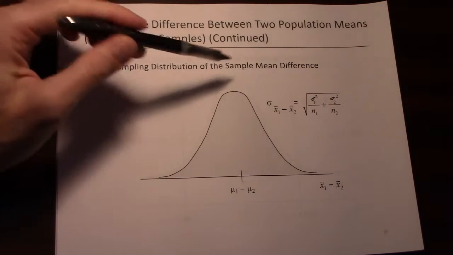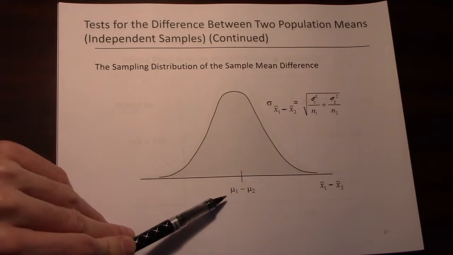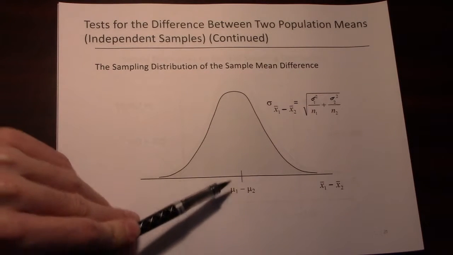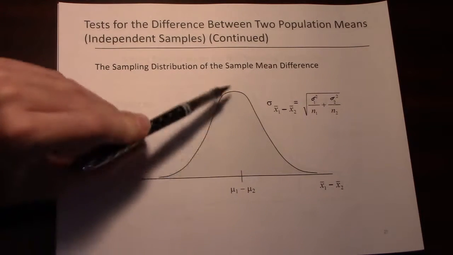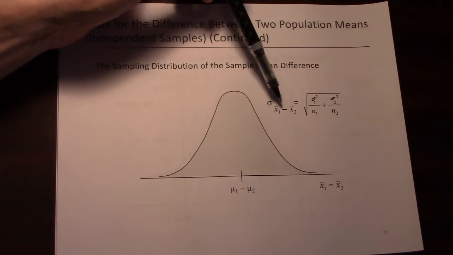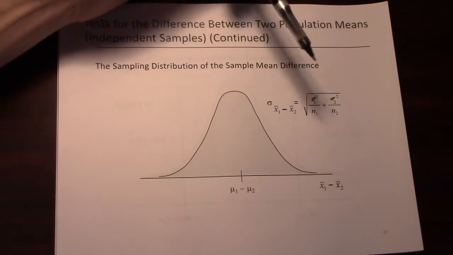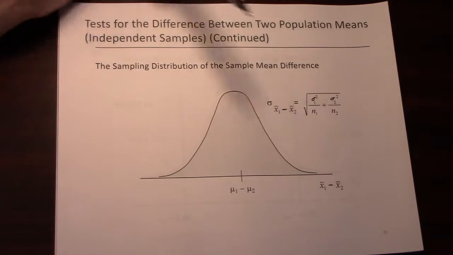So the sampling distribution of the sample mean has a mean which mirrors the true population mean difference. All right, we're most likely going to get the actual difference between town 1 and town 2. And it's going to have a standard deviation, which we can calculate based on the standard deviation of the population in town 1, population in town 2, and divide by sample size.